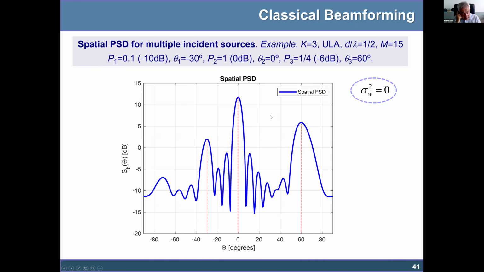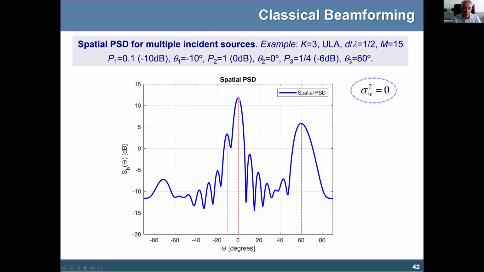Now, if the sources are spaced, you can see that the 3 peaks are equal or very, very close to the true ones. So there is no significant bias, but this is because the sources are far apart.